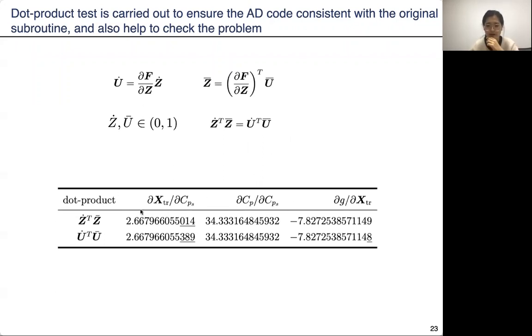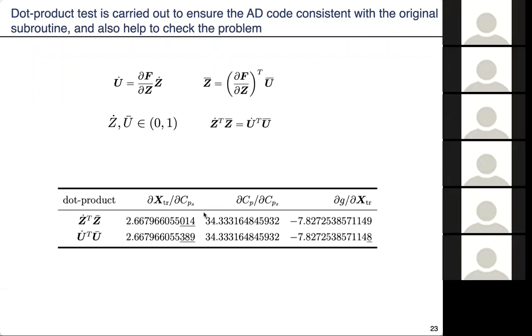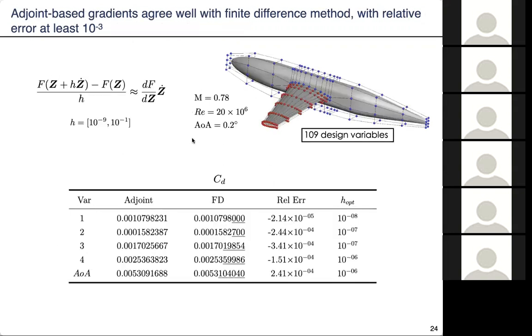Here we show the three modules' dot product test results. The right hand and the left hand match each other very well, to at least 10 digits. Further, we compare our adjoint-based gradients with the finite difference results.